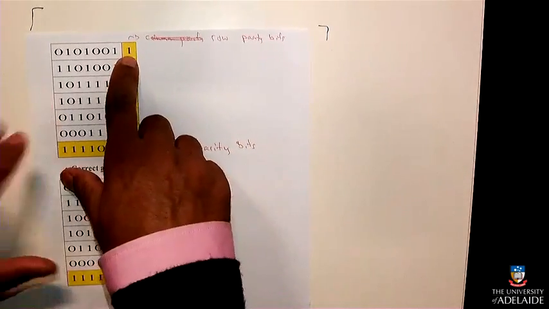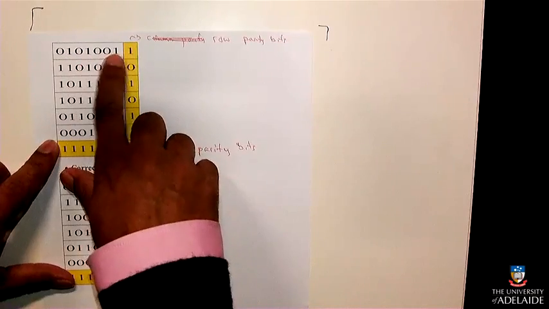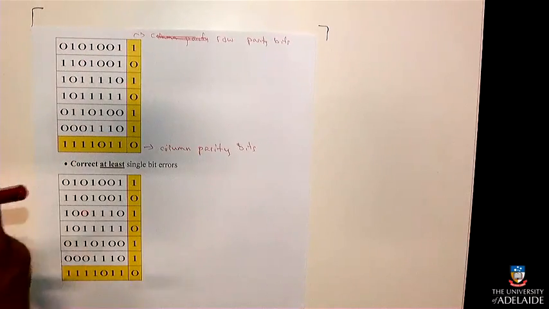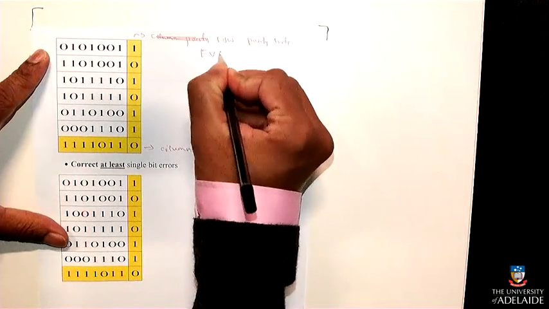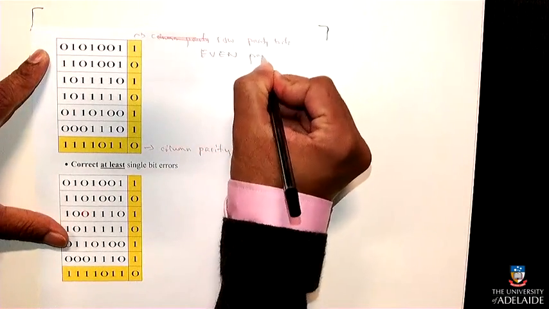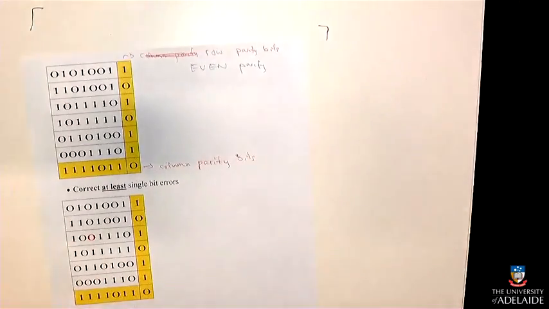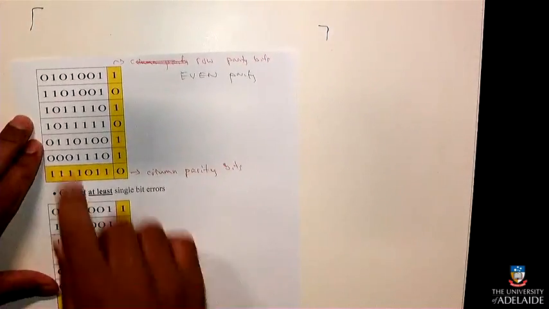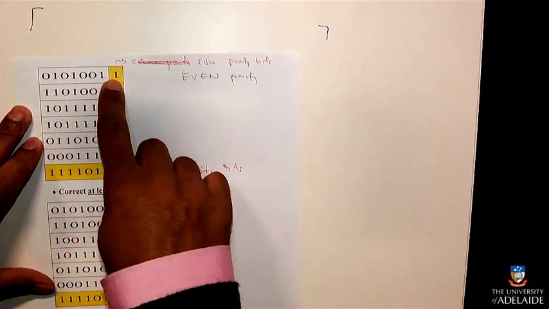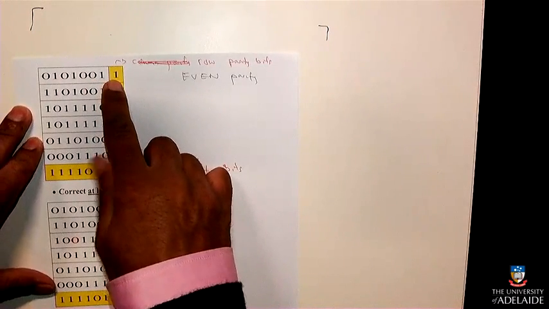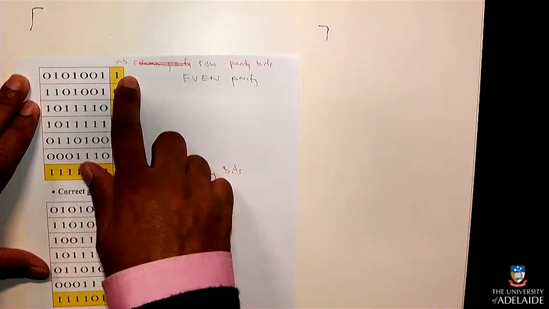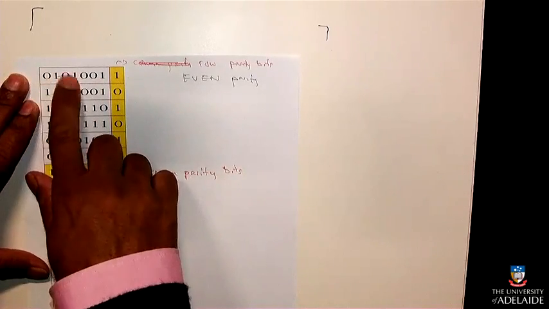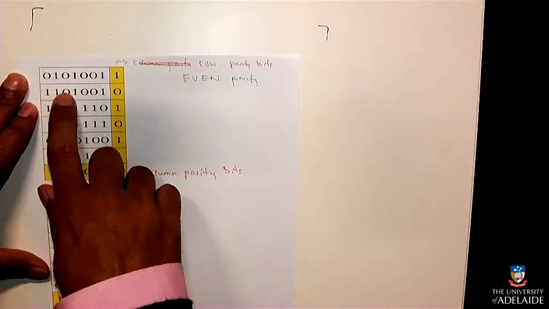So in this example, 1, 2, 3, 4. So this is even parity, right? So this is your data, and this is the extra information that you're sending about your data to help detect or correct errors. So in this row, if you look at it, you got 1, 2, 3, 4, 1, 2, 3, 4.